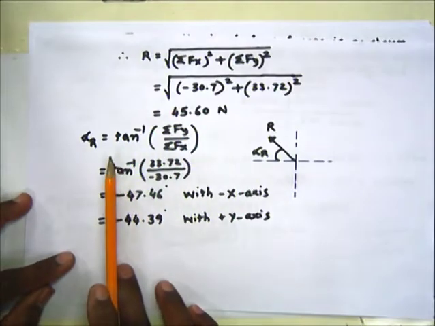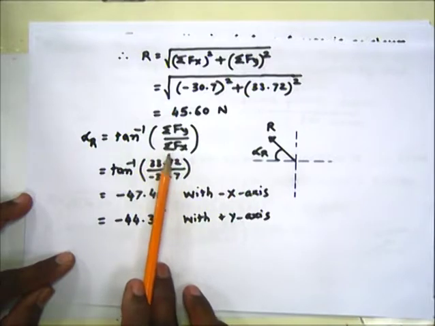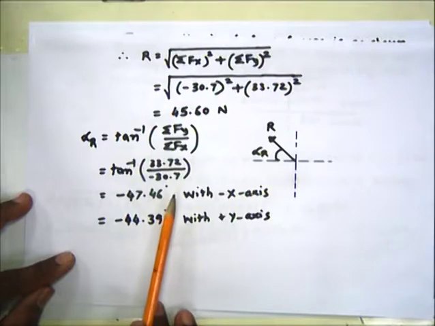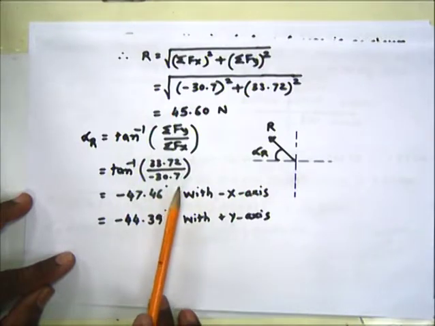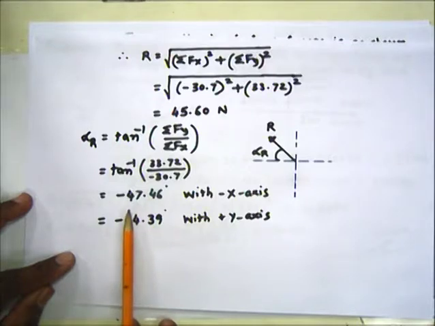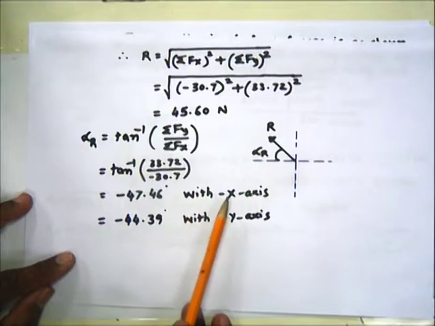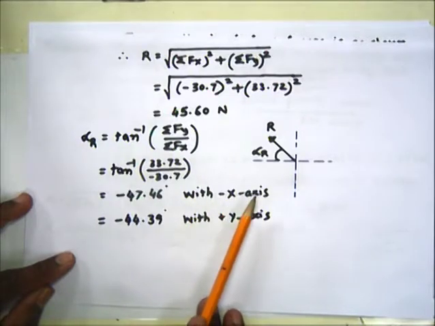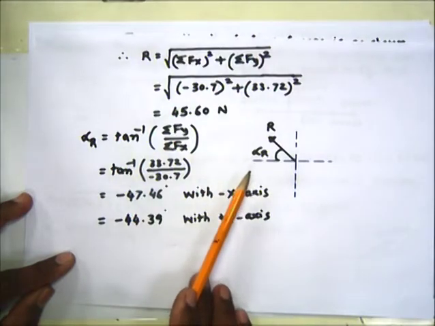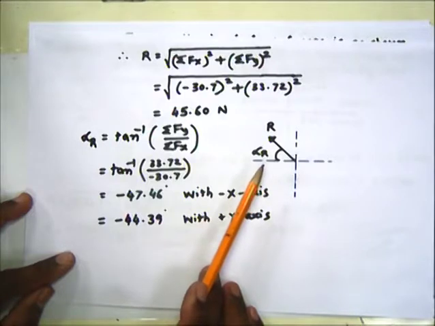Direction of the resultant is given by alpha R, which is equal to tan inverse of sigma Fy by sigma Fx. Putting the values, 33.72 divided by minus 30.7, we will get a value of alpha R as minus 47.46 degree. This is with the x-axis, but here it is minus, which means it is in the clockwise direction.